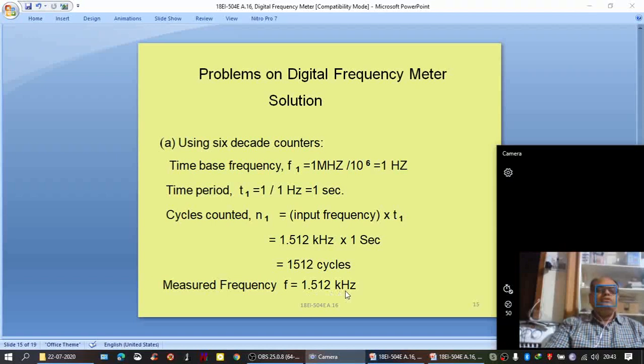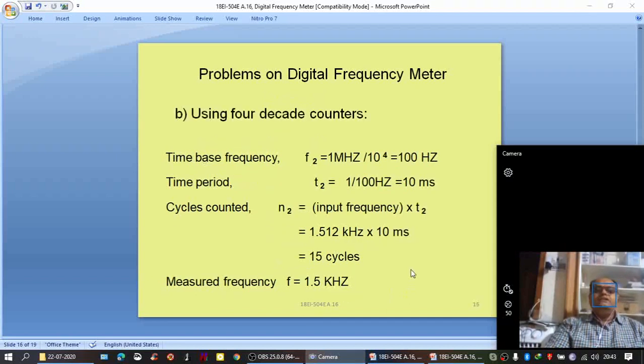Original frequency is 1.512 kilohertz, that means 1512 cycles in 1 second. But here, using the same circuit but with a different gating time duration, we have got 1.5 kilohertz. That means only 1500 pulses per second. So there is a difference or error of 12 pulses per second.